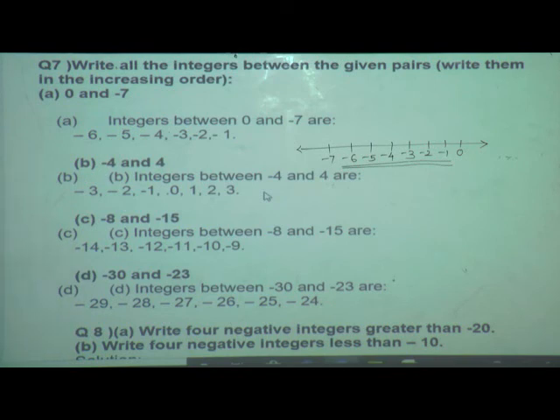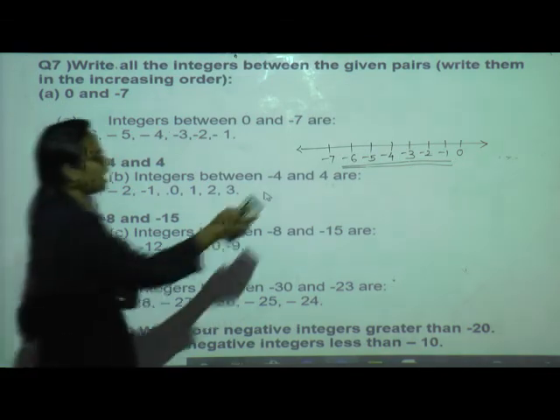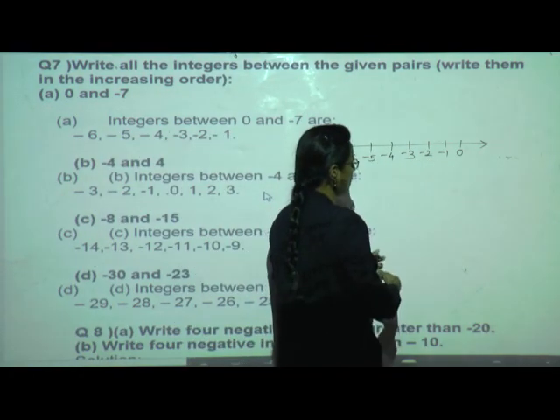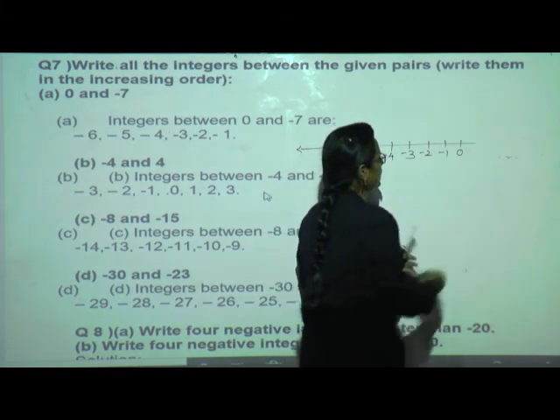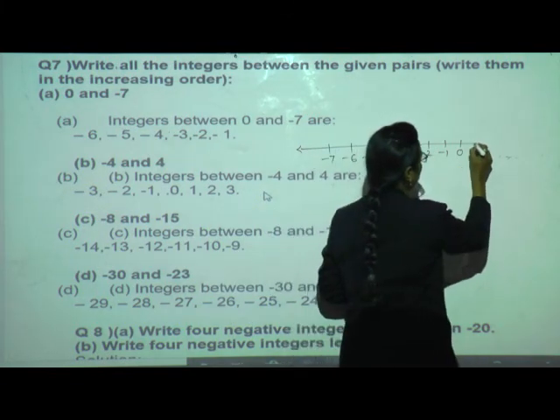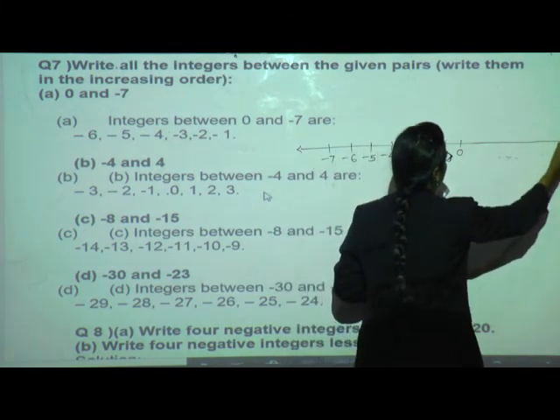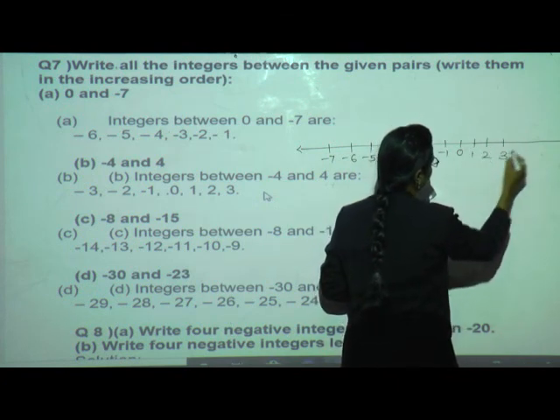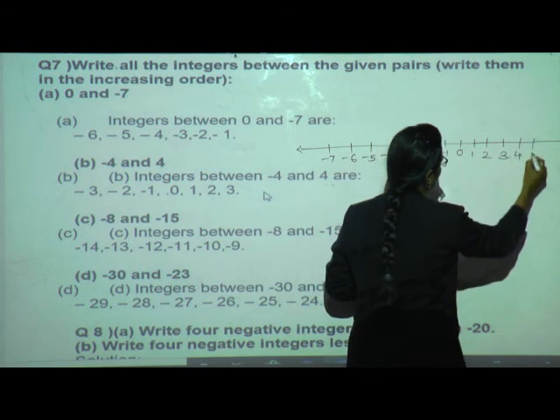Next question, minus 4 and 4. We have to find the integers between minus 4 and 4. So we will extend this line. 1, 2, 3, 4 and 5.